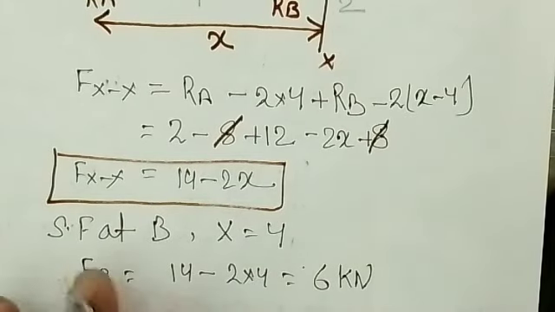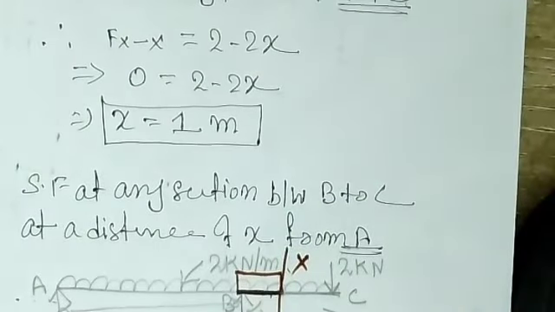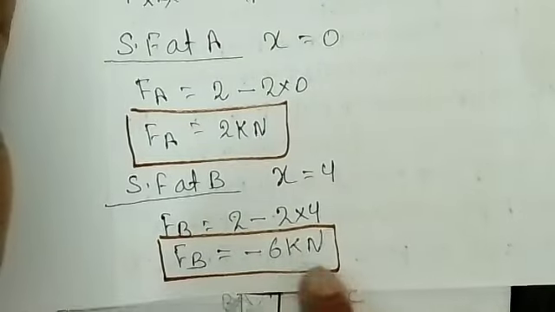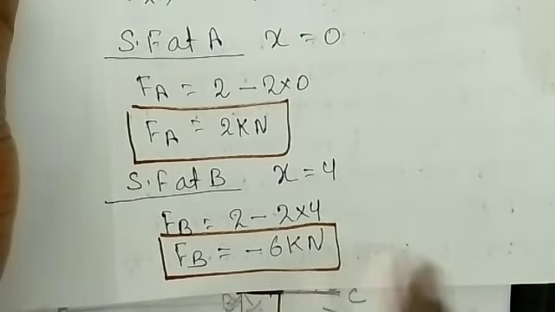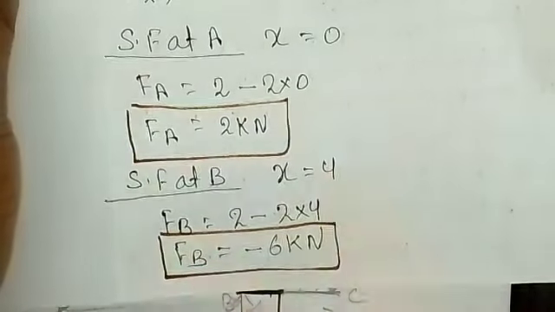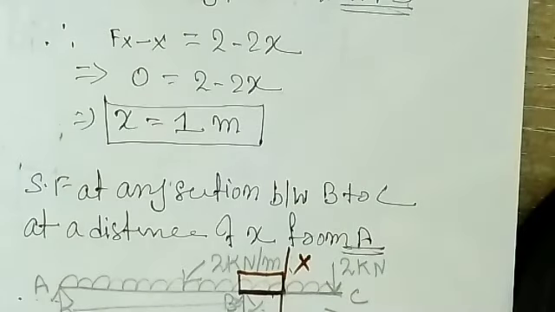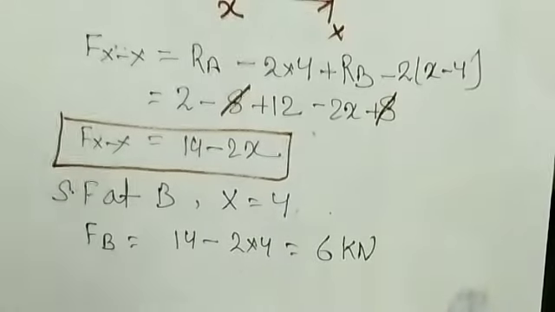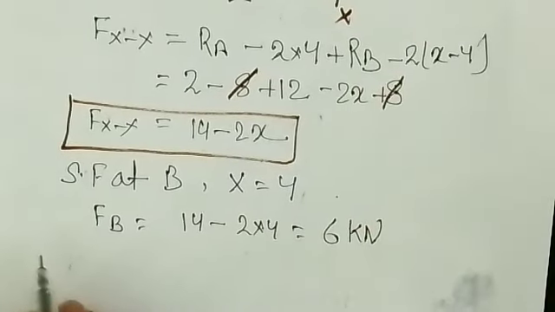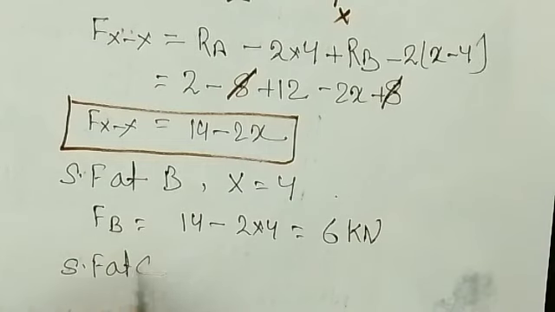Kilonewton. If you look at the previous data, I'll show you, the shear force between A to B we got minus, right? And again between B to C, because of that reaction the shear force is becoming positive, that is plus 6. So the shear force changes from minus to plus, right? Then you can see at C, the shear force at C, right?